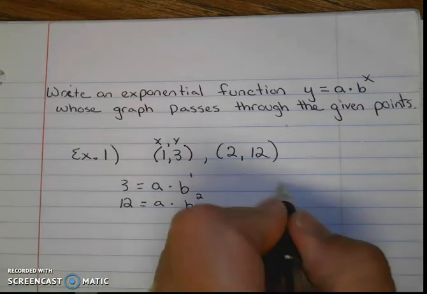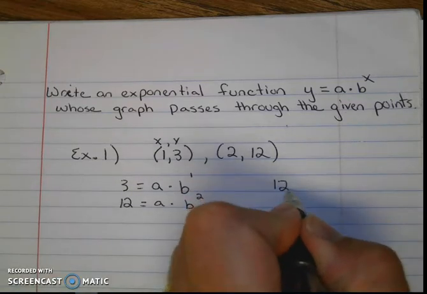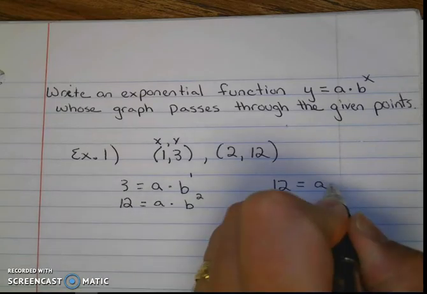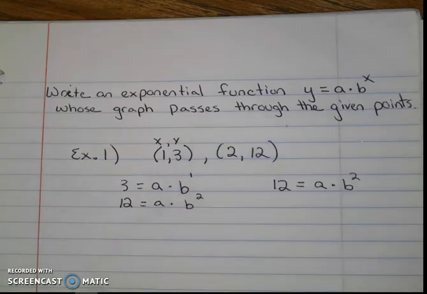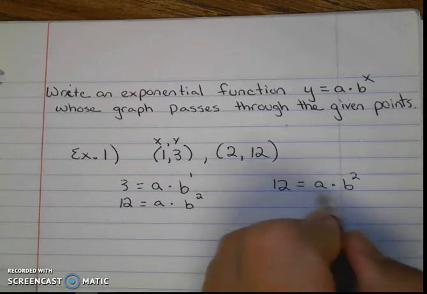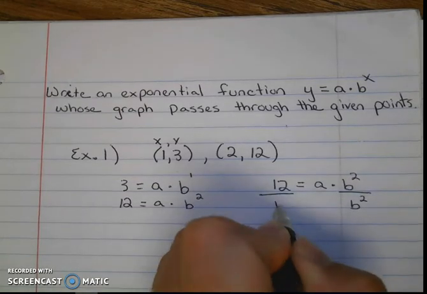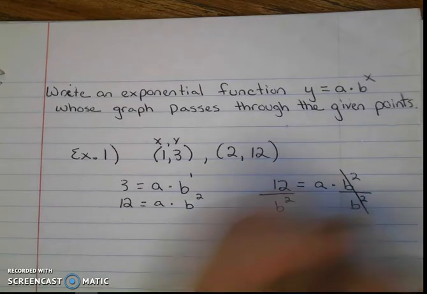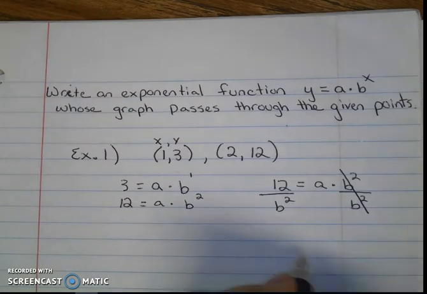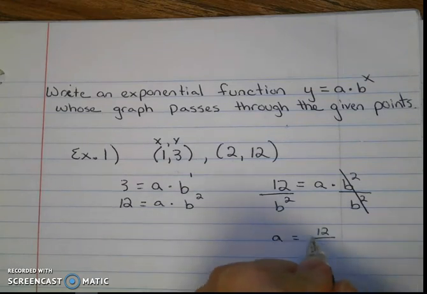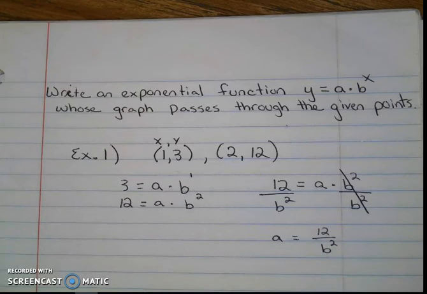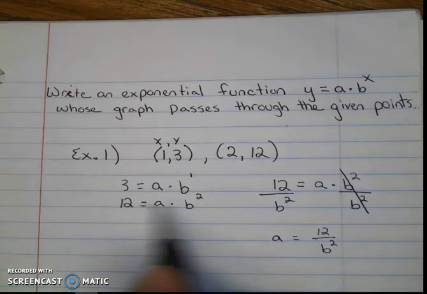So solving the second equation for a, since these are multiplying, I'm going to divide by b squared to cancel it out. So now what I have here is a equals 12 over b squared. So I just solved this equation right here for a.